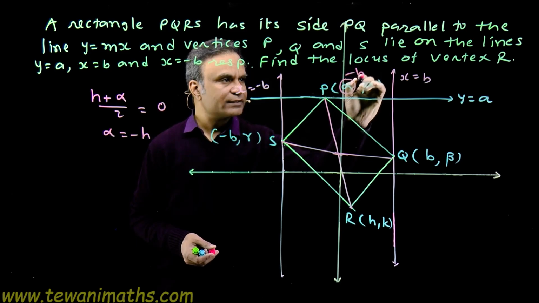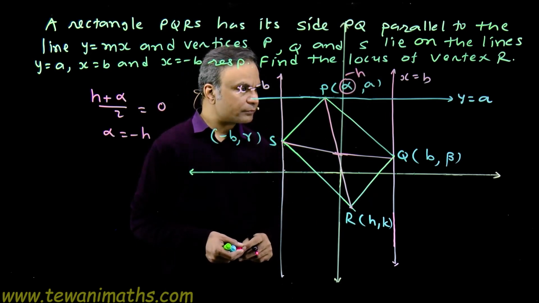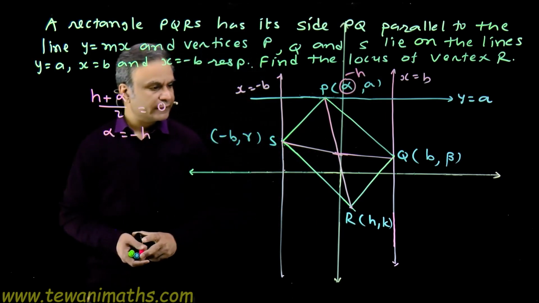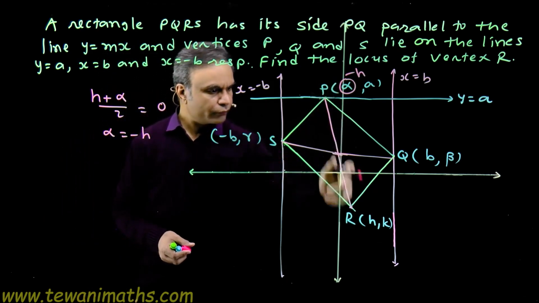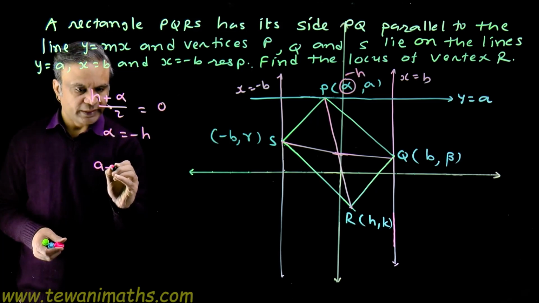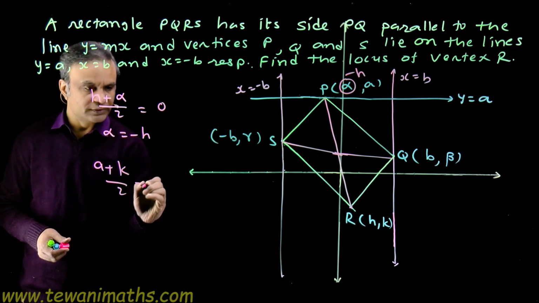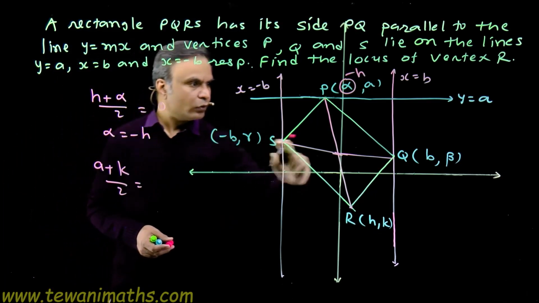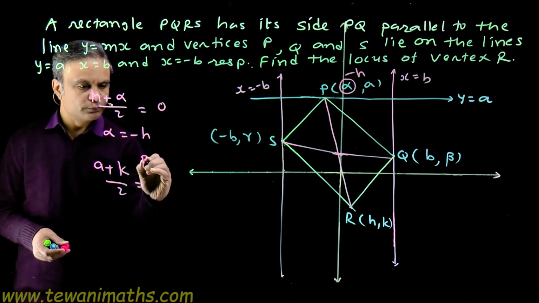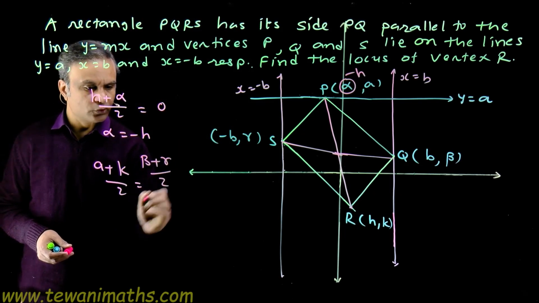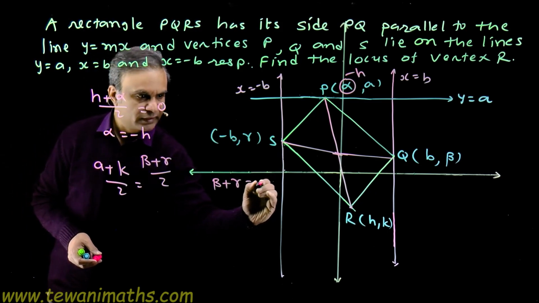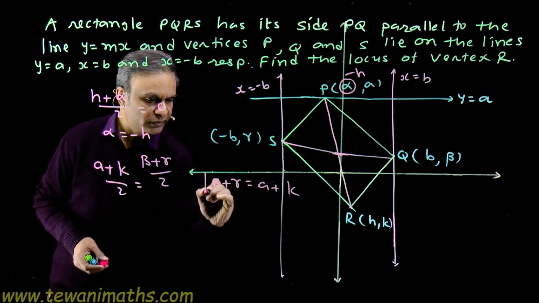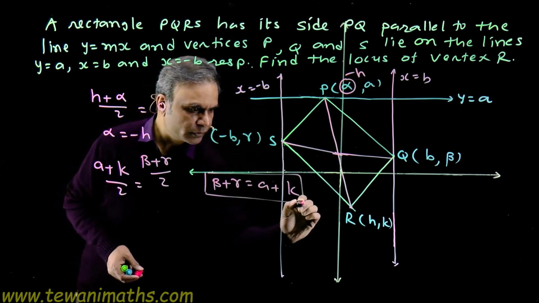This is minus h. Now we have only two variables beta and gamma. Now we have the ordinate of PR, a plus k upon 2, equal to the ordinate of QS, which is beta plus gamma upon 2. So we have one equation in beta and gamma: beta plus gamma is equal to a plus k.